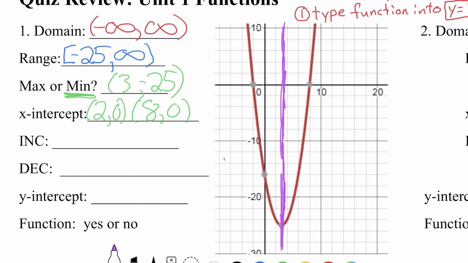So on the left side, reading left to right, it is going down. So for decrease, we're going to go negative infinity, our smallest x value on the left side of our graph, to our biggest x value on the left side of our graph. So it's going to be where our graph changes directions going up versus down. Our x value there is 3.